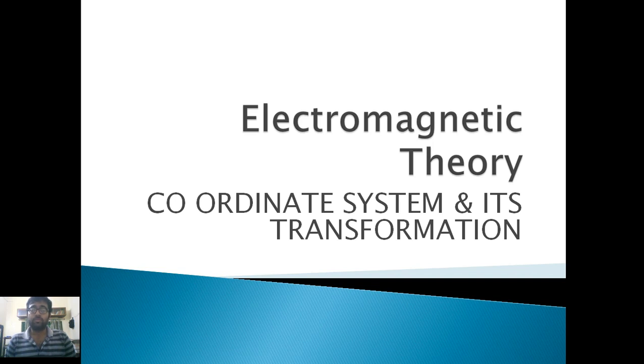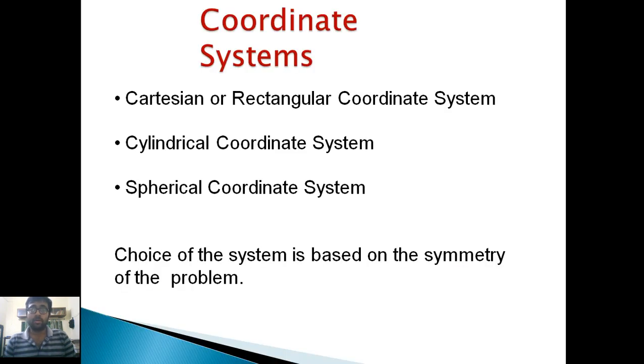First we will talk about the Cartesian coordinate system, then the cylindrical coordinate system, and the third and last one will be the spherical coordinate system. So we will begin our explanation about the Cartesian coordinate system.